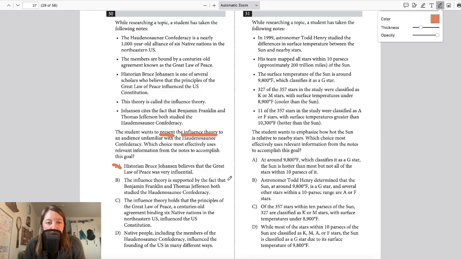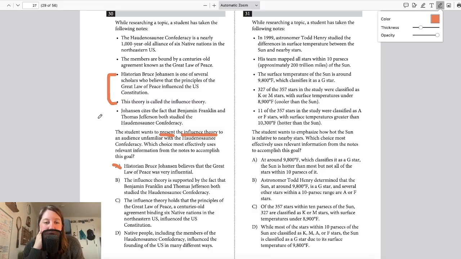Fourth bullet point, this theory is called the influence theory. Fifth bullet point, Johansen cites the fact that Benjamin Franklin and Thomas Jefferson both studied this confederacy. Great. Okay, so these two are the most important, right? We're defining the influence theory to someone who doesn't know what it is. So let's take a look.